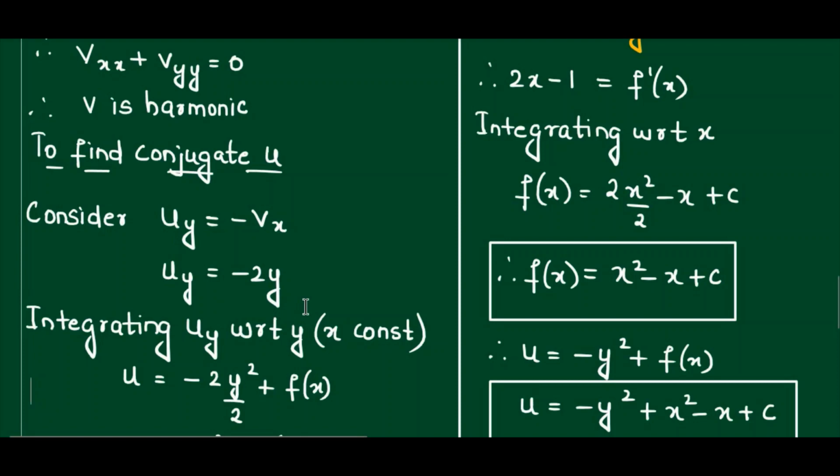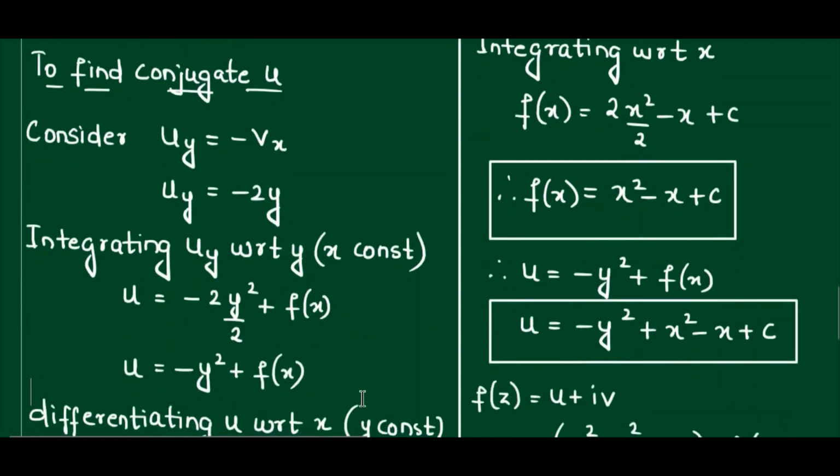Now integrating this with respect to y, because this is a first order derivative, and in order to find u, you have to integrate this. Now after integrating, u is equal to minus 2 into y square by 2. Since x is constant, anything related to x will be constant, so f of x is constant. Thus we have obtained u.